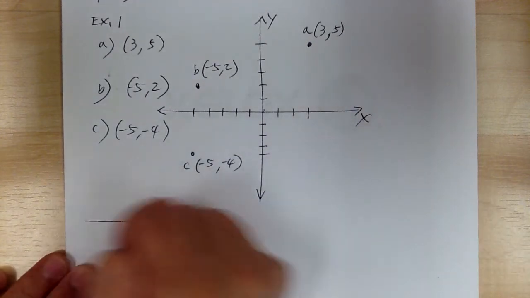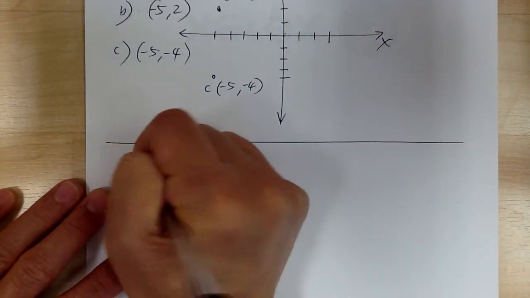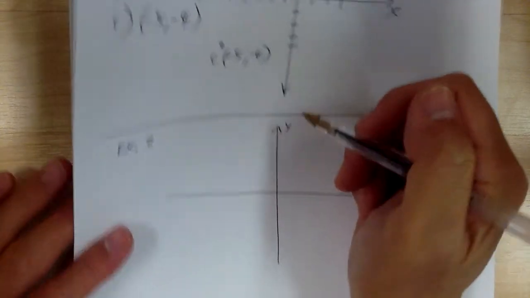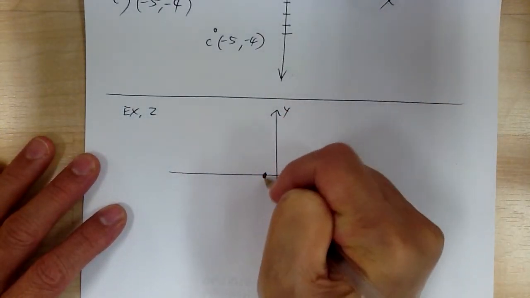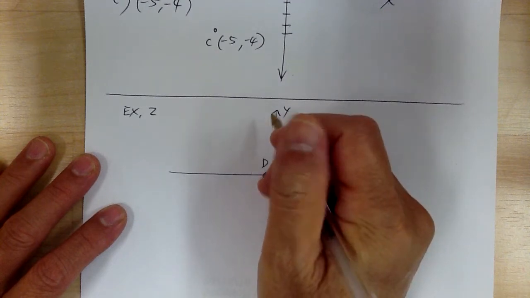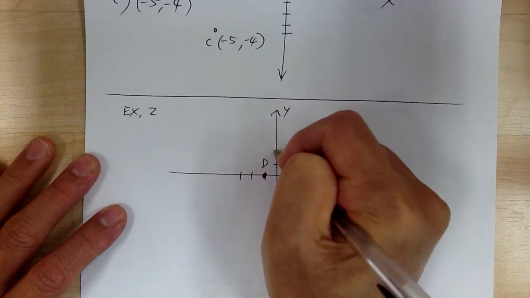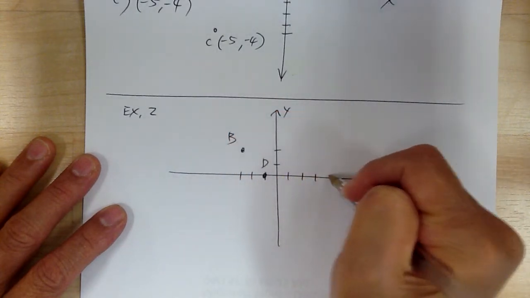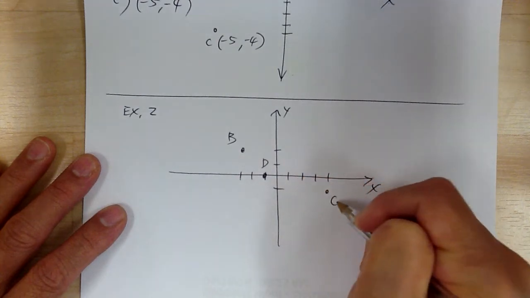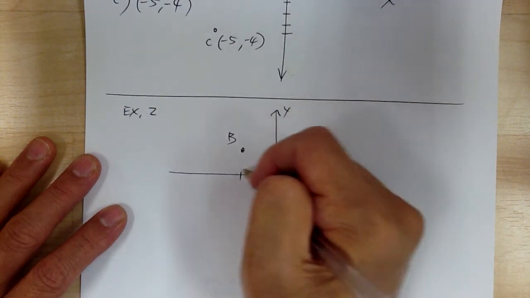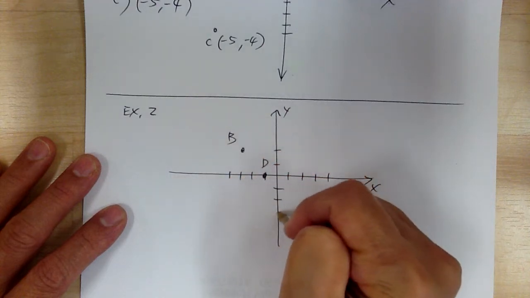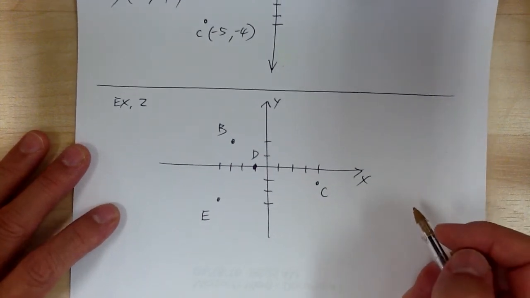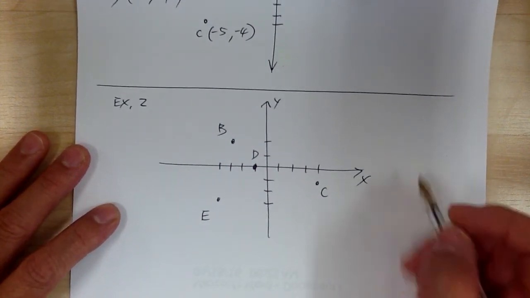Okay, now let's go to example 2. Okay, so in example 2, it says name the ordered pair. That means you want to label them.